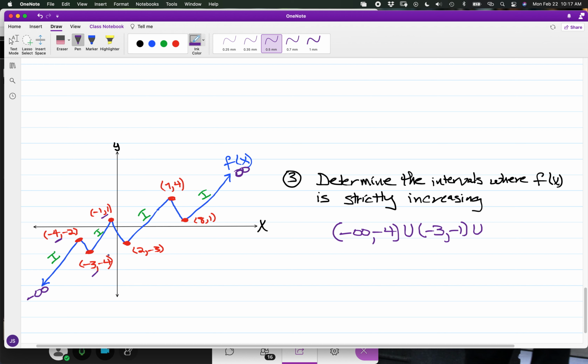Then with the next increase, going past 2 out towards 7. And for the last strict increase, those values of x that are greater than 8.